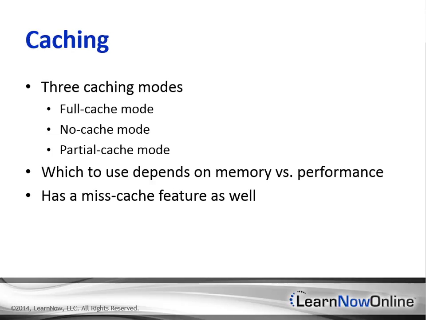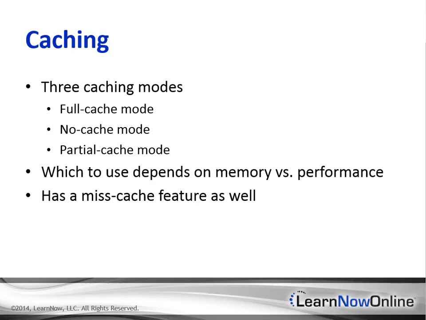Ever since Integration Services in SQL Server 2008, the lookup transformation has also had a miss cache feature. The way this works is that if the lookup data set is in a database, miss cache optimizes performance by remembering failed lookup values, so that if another row in the data flow tries to look up a value that it already knows is missing, it won't try to hit the database again for that same value.